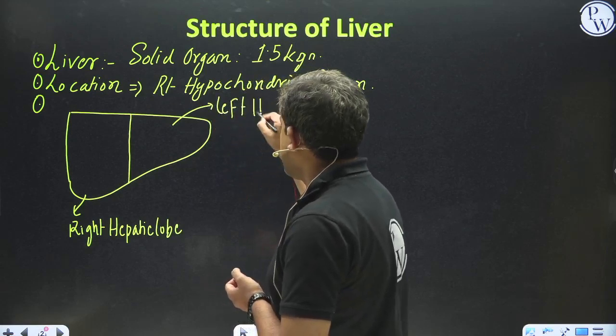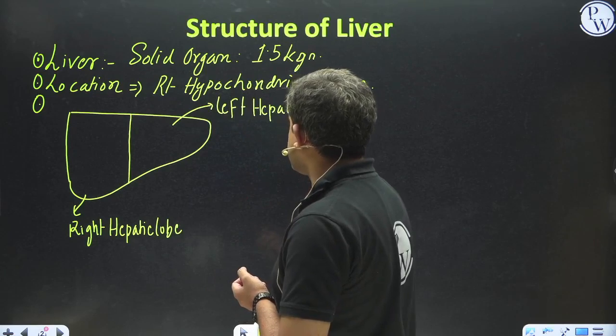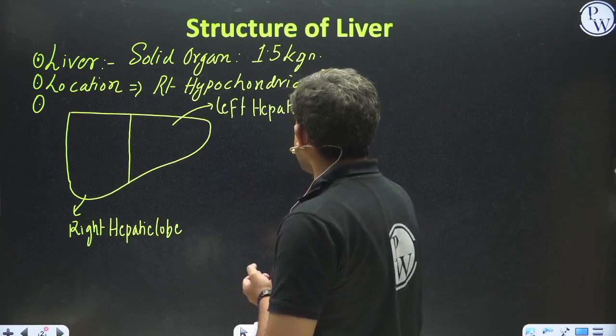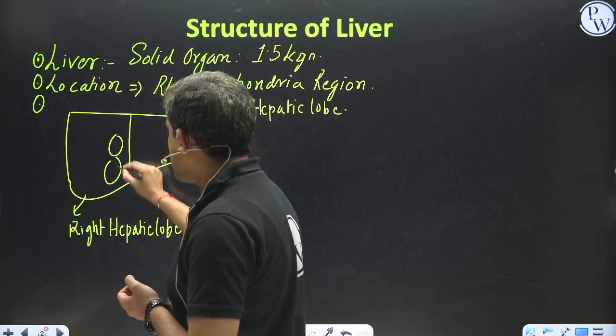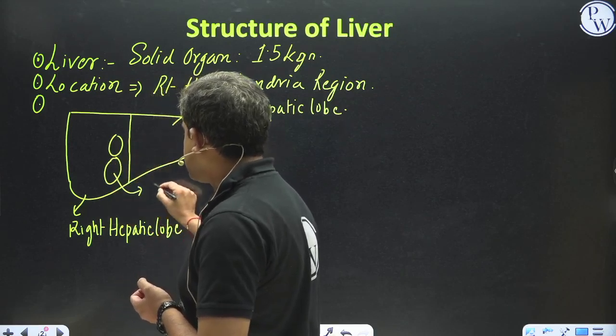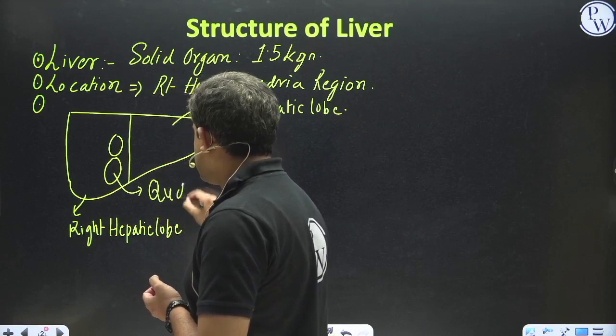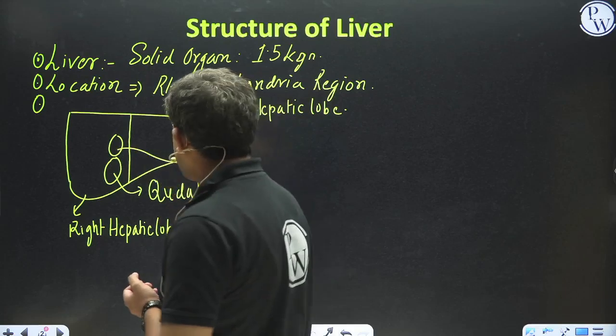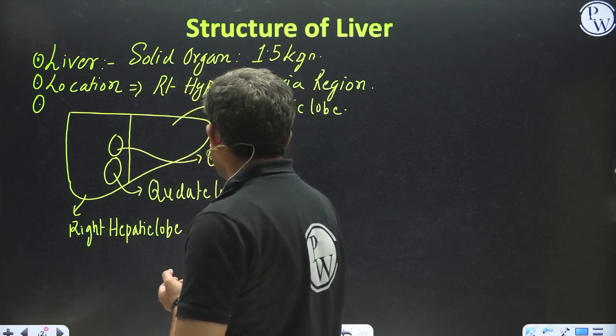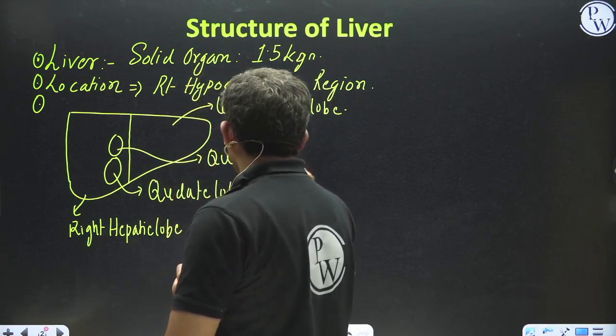Left hepatic lobe. Though there are two other lobes also found. One of the lobes is termed the quadrate lobe, QUADRATE, quadrate lobe.